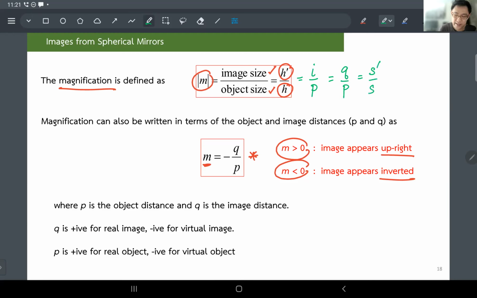In some, they use U and V. There are so many terminologies, so I throw them in the mix so you get used to the many names. So it could be Q over P, S prime over S, or V over U, same thing. It's a little confusing, but it's just naming.